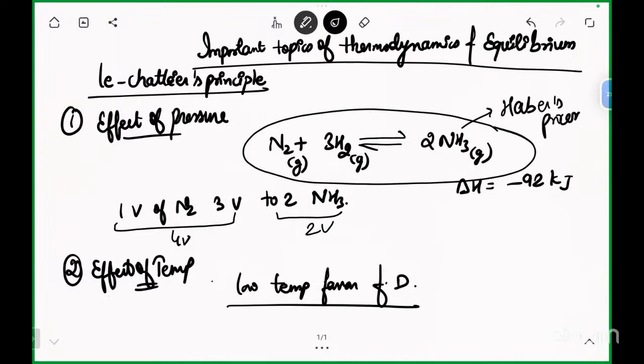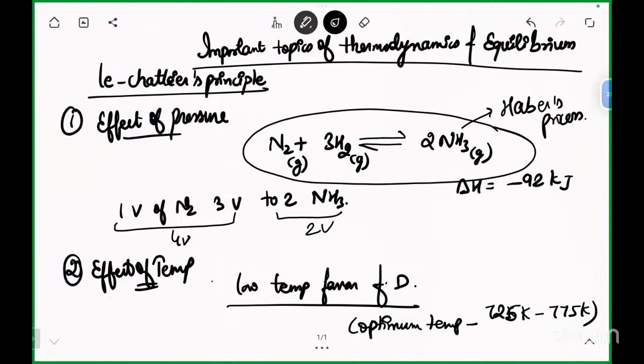In Haber's process, the optimum temperature you have to remember is 725 Kelvin to 775 Kelvin. And here we have a catalyst also. A catalyst only alters the rate of reaction, it doesn't change the equilibrium. It helps the equilibrium to establish earlier.